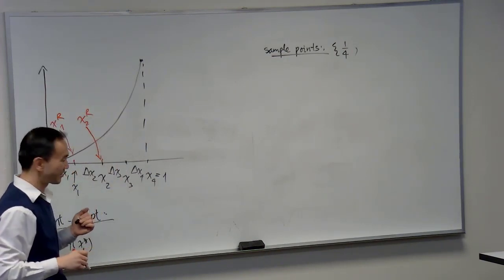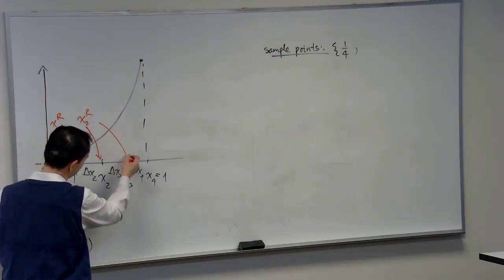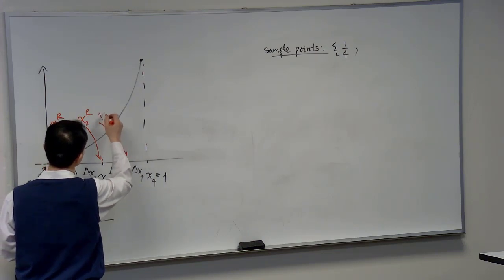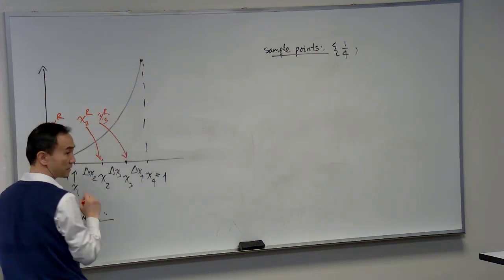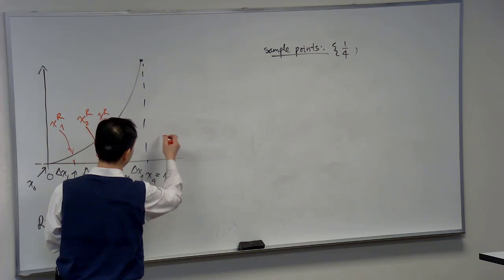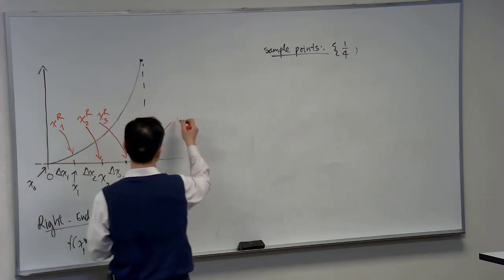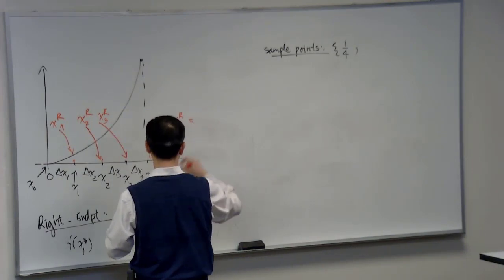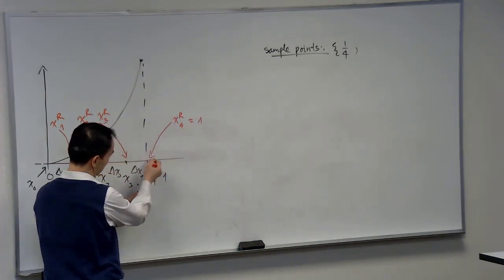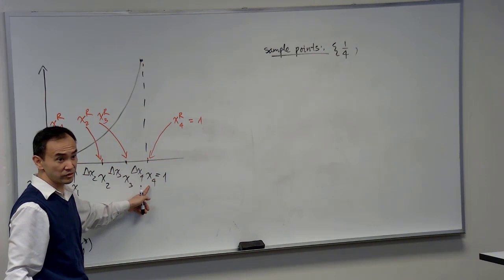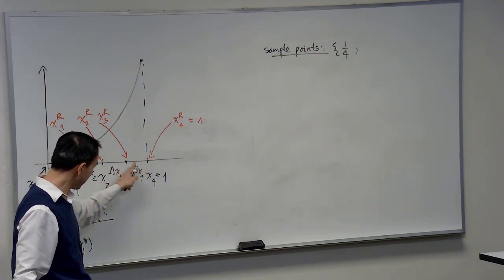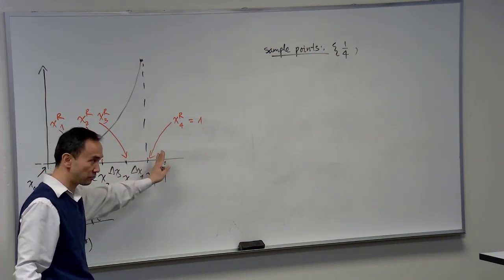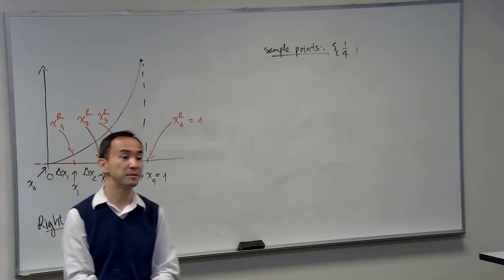Are we good? And xr3. And then right here, xr4 is going to be exactly the same as 1, just this particular point. Sounds good? Because in every one of our subintervals, we're going to pick the right endpoint on purpose.